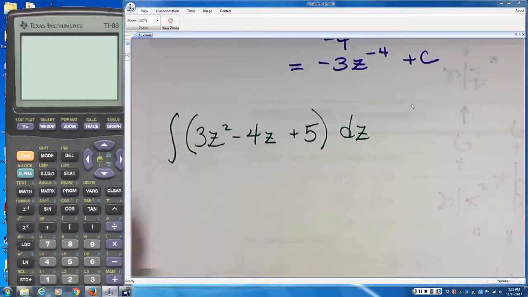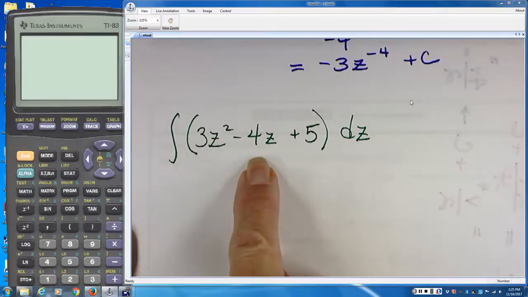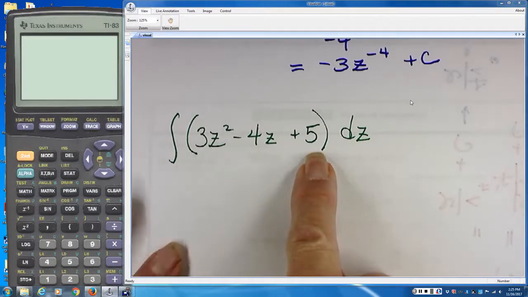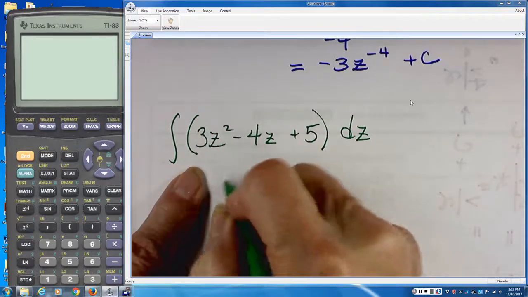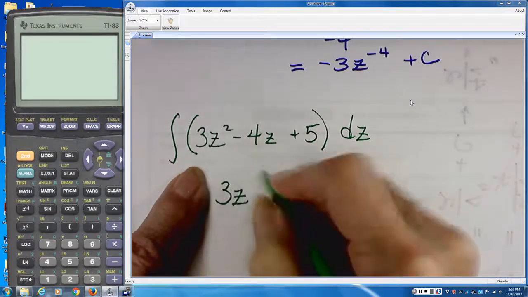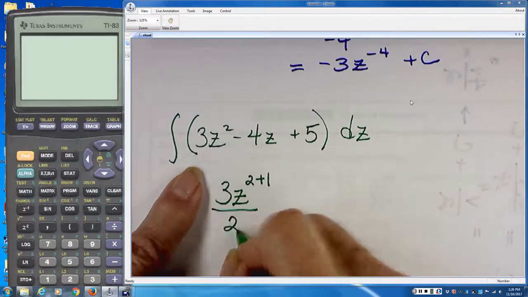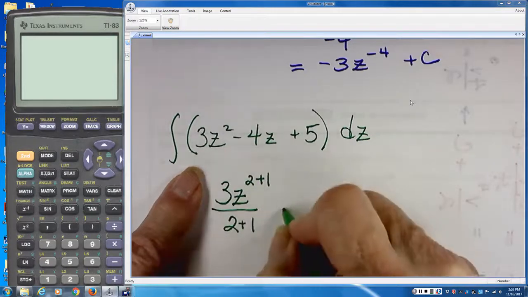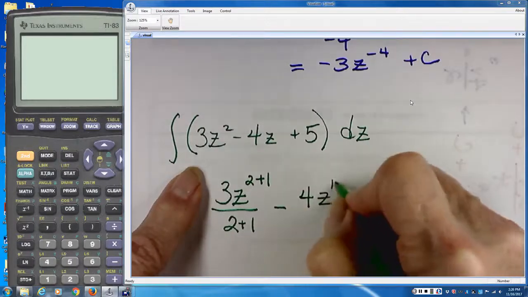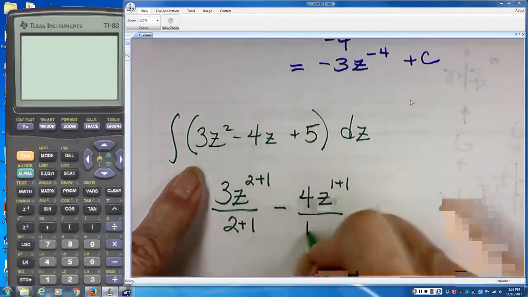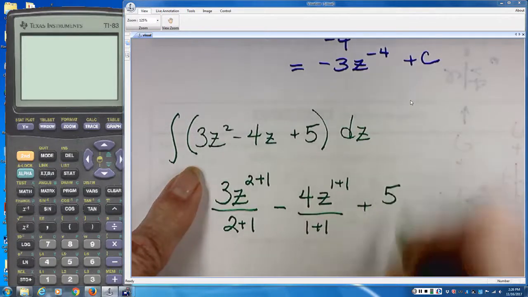And what the rule tells you is you take the integral of the first term minus the integral of the second term plus the integral of the third term. So the integral of 3z squared is 3z to the 2 plus 1 over 2 plus 1 minus 4z to the 1 plus 1 over 1 plus 1 plus 5.